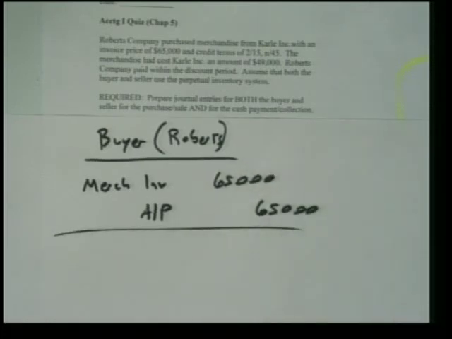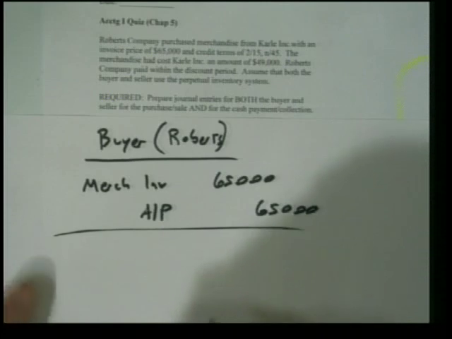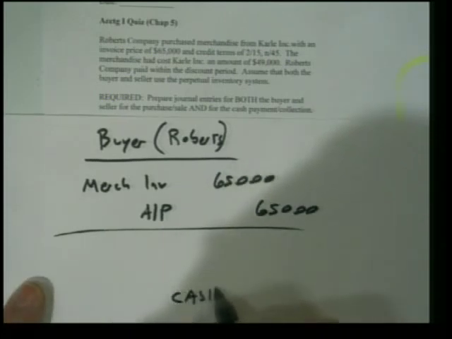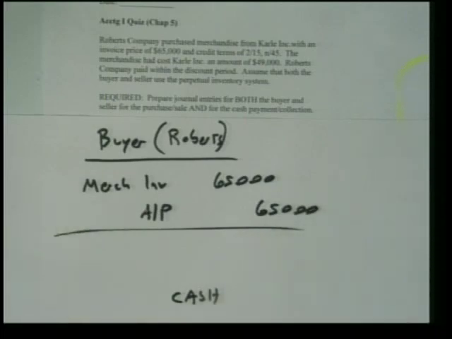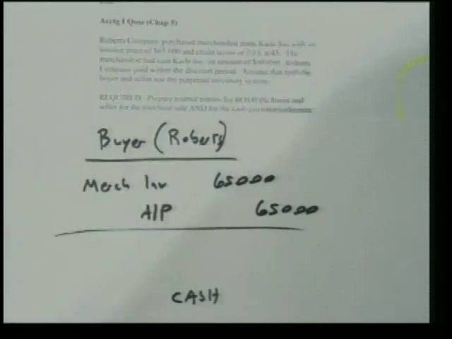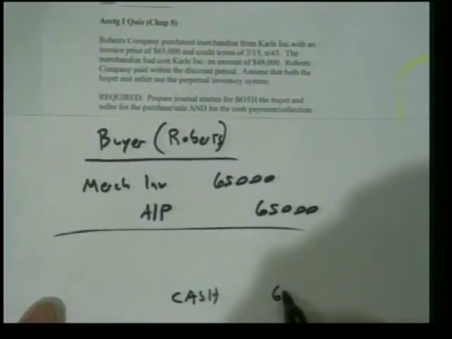When they pay, do they pay within the discount period? Yes, they do. Now, they do not have to pay cash of $65,000, do they? They only have to pay cash of 98% of $65,000, right? Which, if I do it on my handy-dandy little calculator, I get $63,700. So they pay out cash of $63,700.